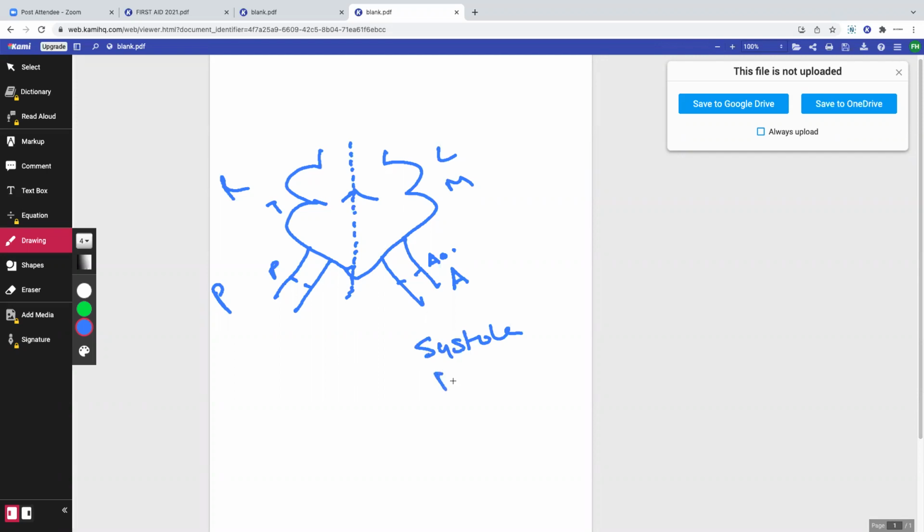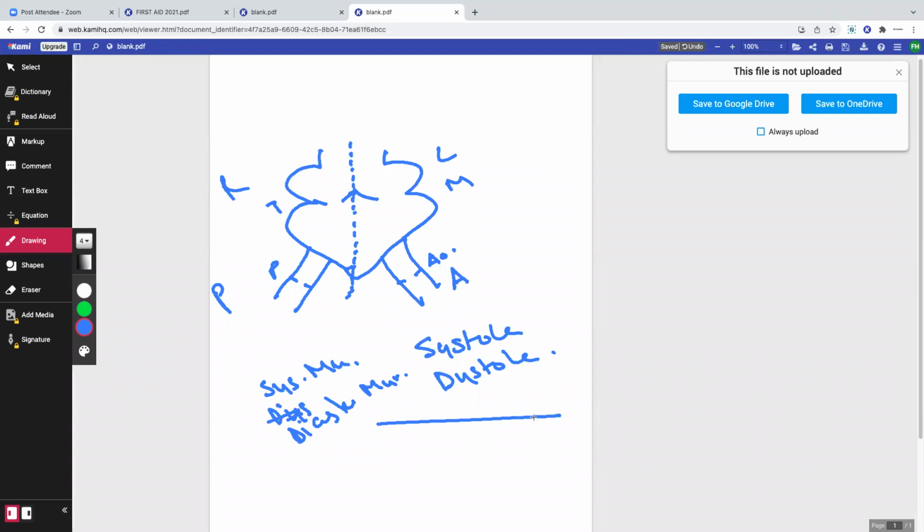We say systole and diastole. During systole, if you hear a sound, we call this systolic murmur. And during diastole, if you hear a sound, we call this diastolic murmur.